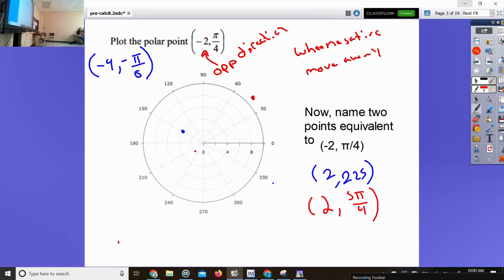We need one more. No, it's 2. No, it's not. Those are the same thing. Oh. Can anybody do one with another negative radius? Let's keep it -2.